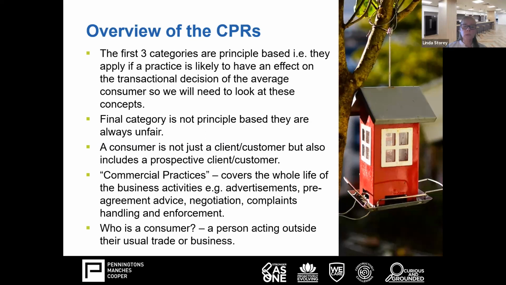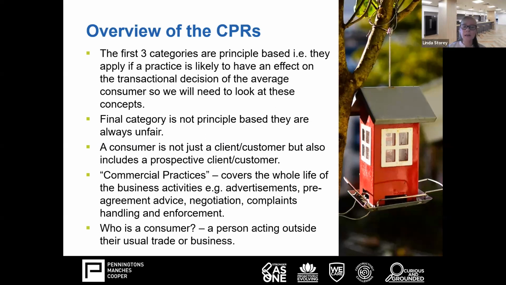It's really important to remember that the consumer, for the purposes of the CPRs, is not just your existing customer, not just the purchaser in front of you, but prospective customers, prospective purchasers. And the commercial practices are similarly wide. It covers the whole lifetime of any activity that you deal with, from advertisements to pre-agreement advice and complaints.